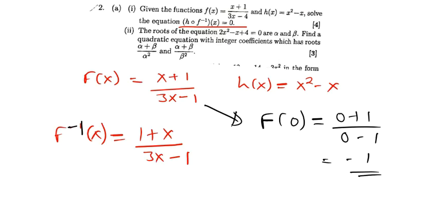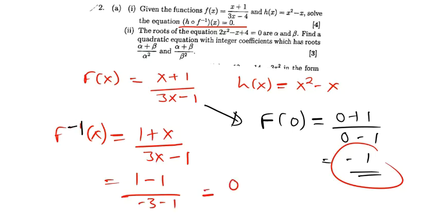Let's plug this result, negative 1, into the inverse function, so 1 minus 1 over negative 3 minus 1, that's a 0 over minus 4, so that's a 0. The inverse and the function are supposed to give you the opposites, and that's exactly what you're seeing. So this is actually verified.